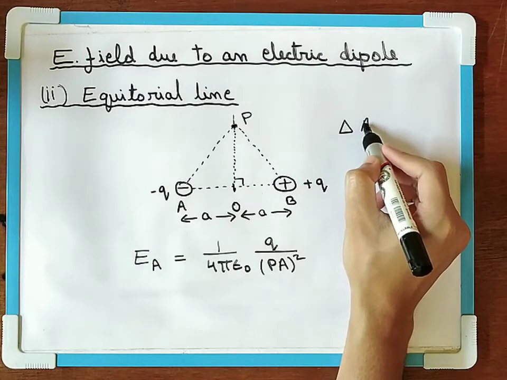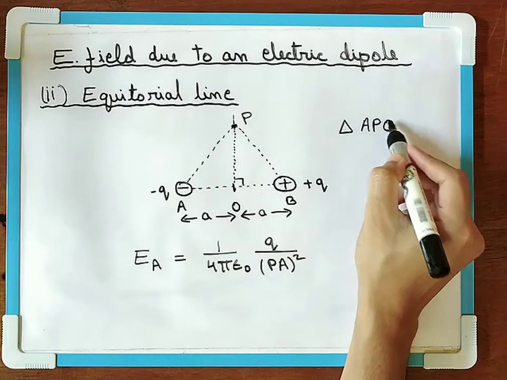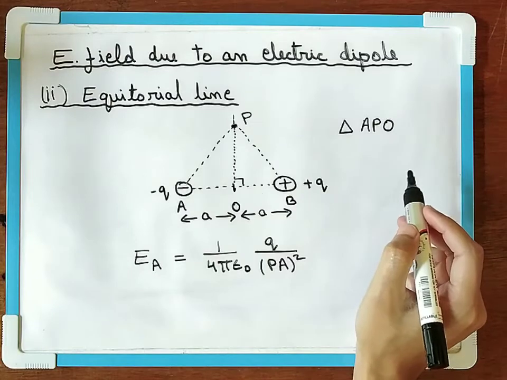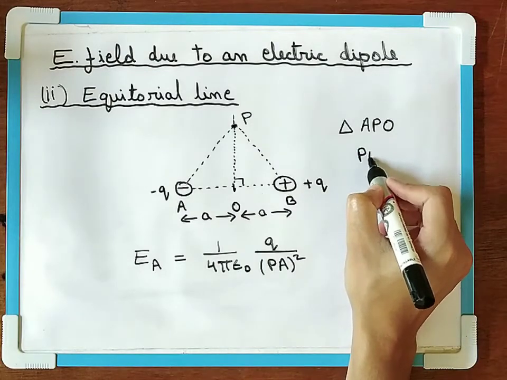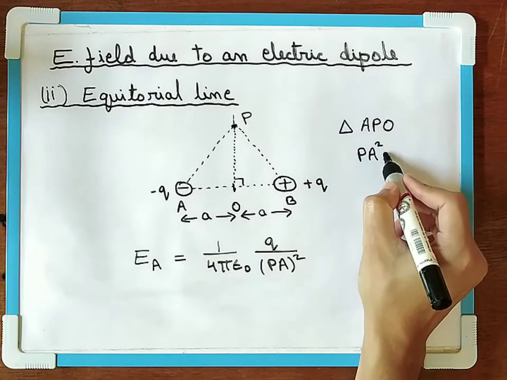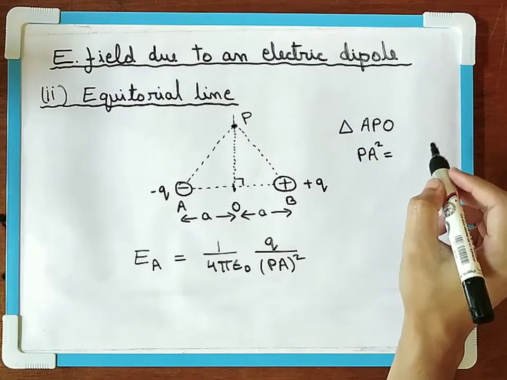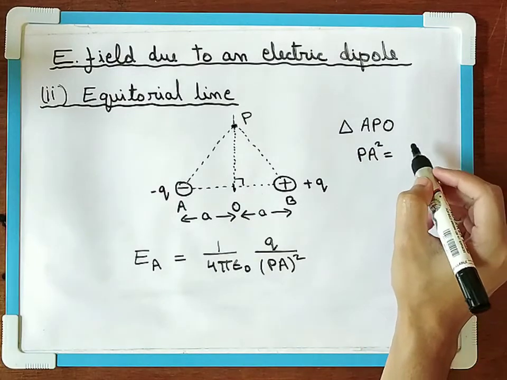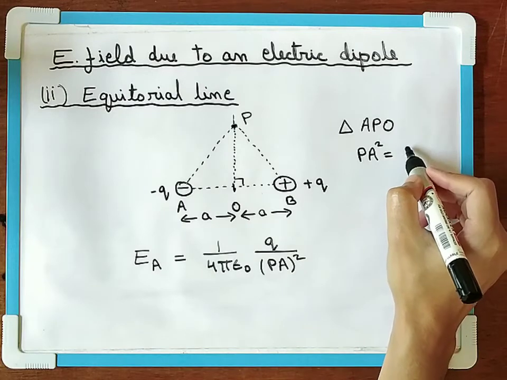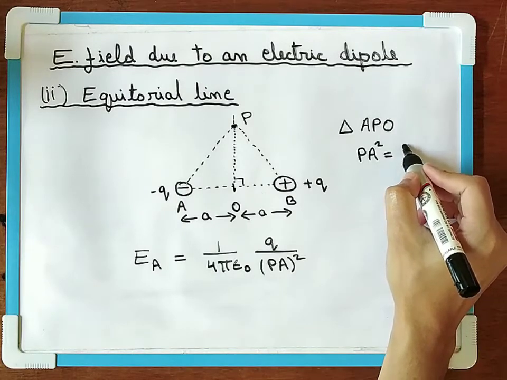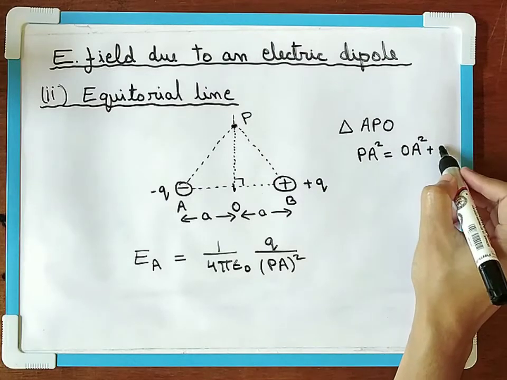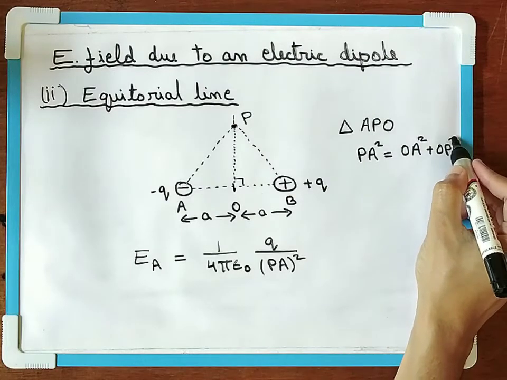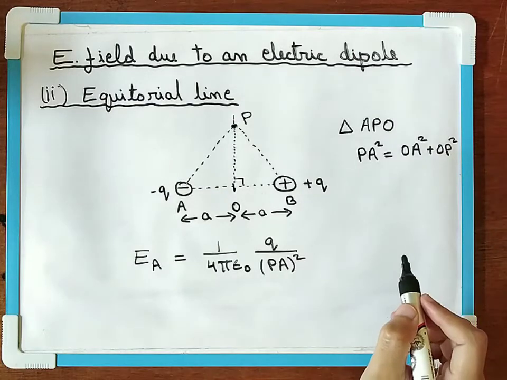So in triangle APO, the square of the hypotenuse PA square is equal to the square of the base OA plus the square of the perpendicular OP.